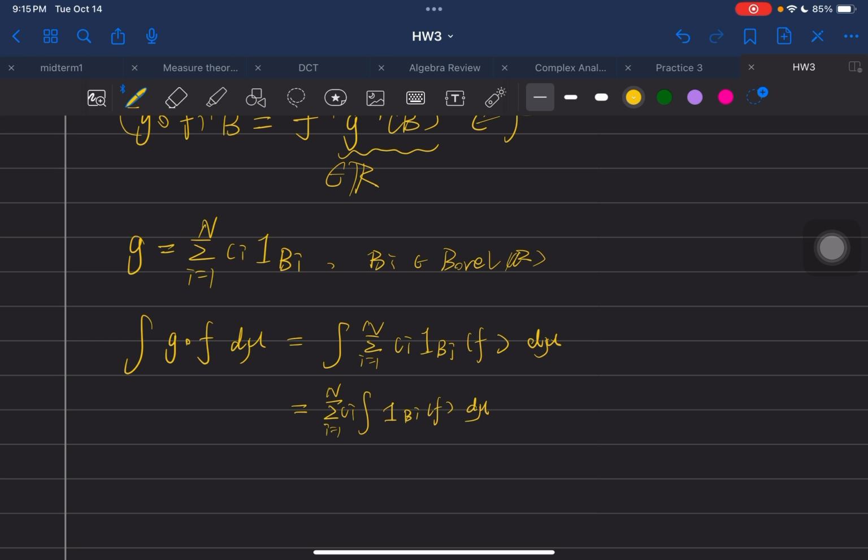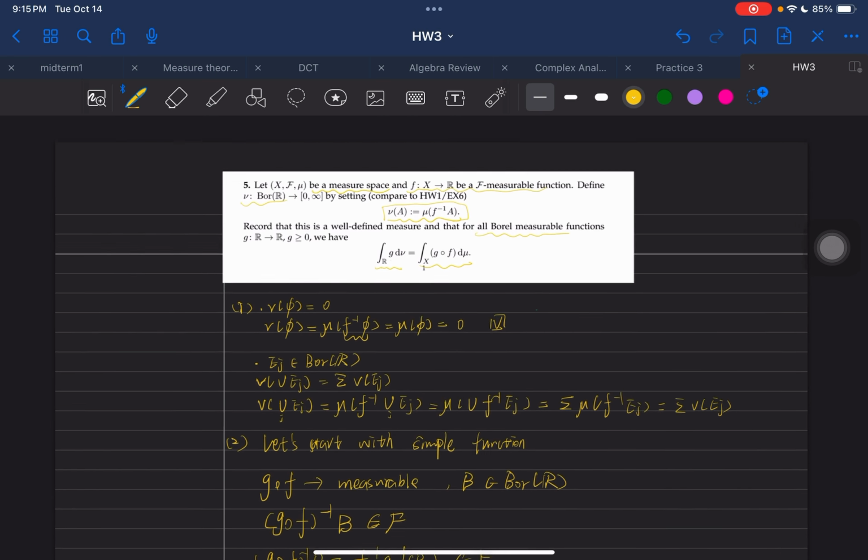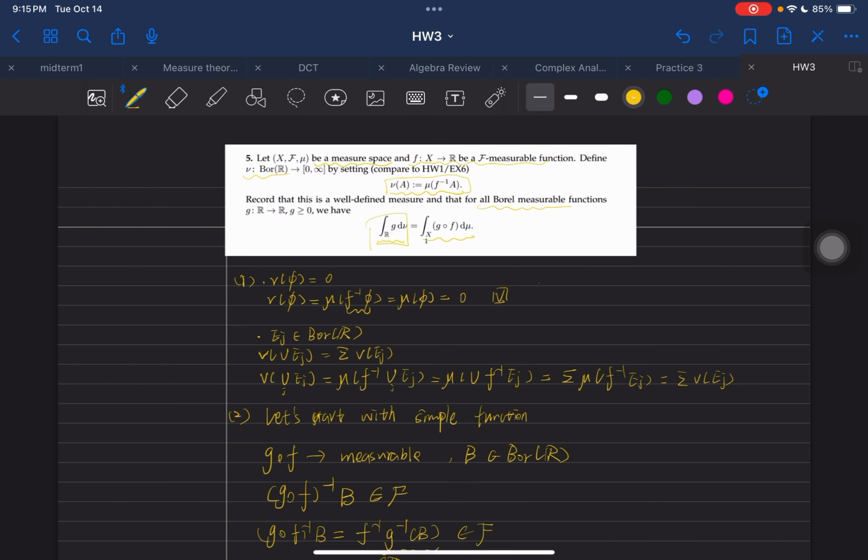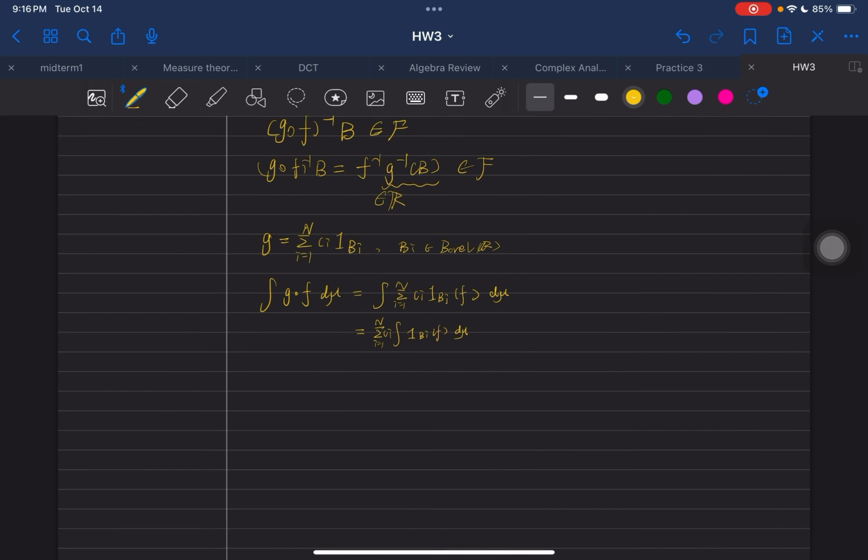Then we ask ourselves how to connect this to the new measure.